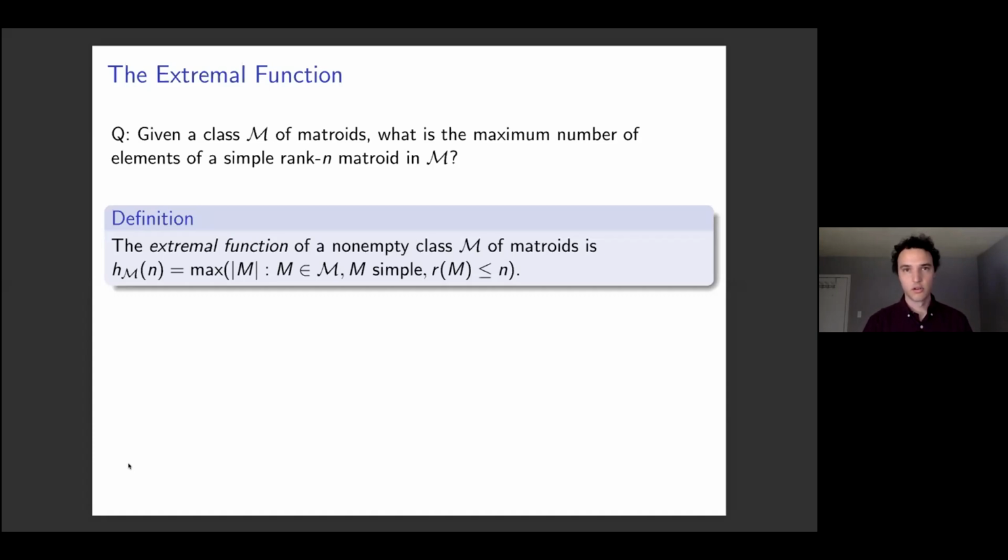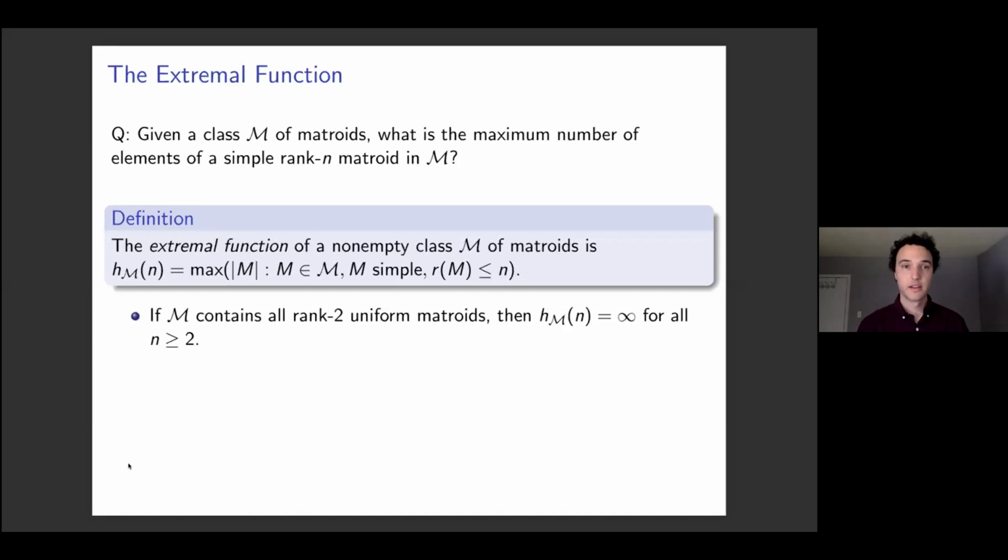Okay, so I'll just go through some examples to make sure we all understand what this function is doing. First note that if M contains all rank 2 uniform matroids, then this function is actually not well defined for all n at least 2, because a simple rank 2 matroid can have arbitrarily many elements.